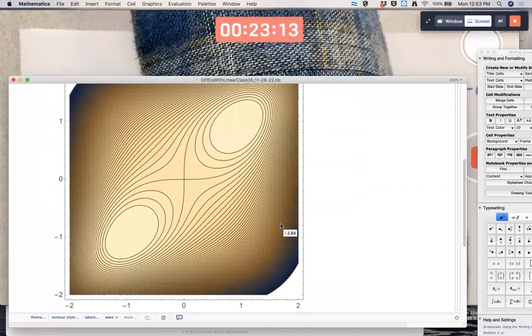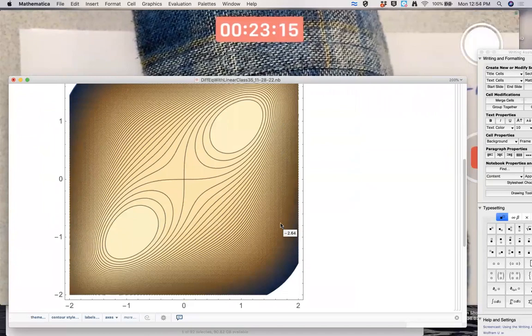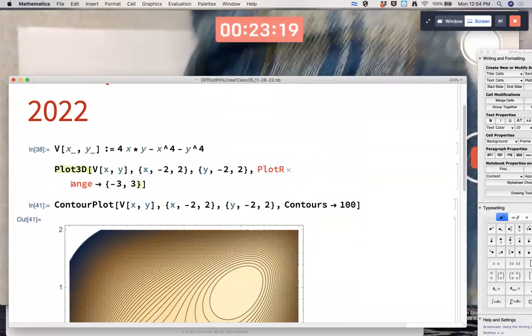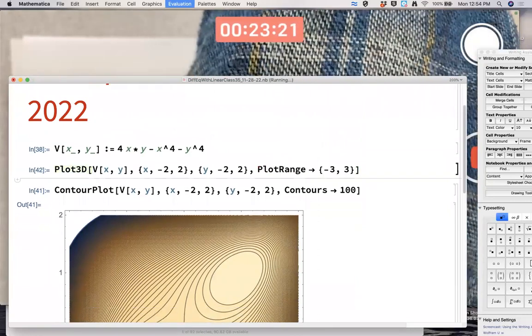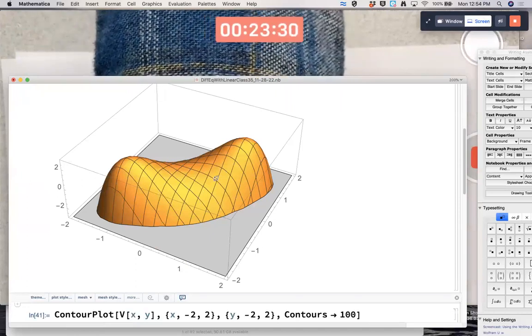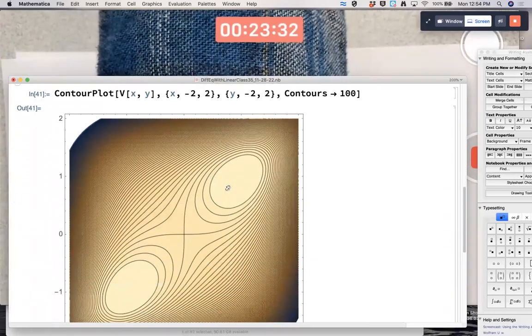What are we looking at here? This graph essentially takes this graph here and slices it with horizontal planes. The curves of intersection that you get when you slice this graph with horizontal planes look like these curves here that you see.